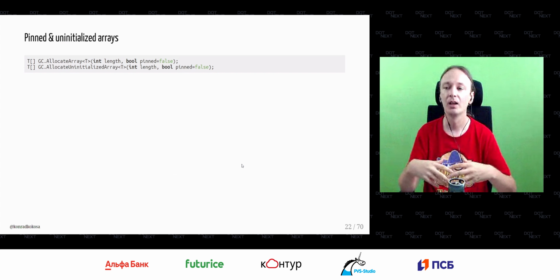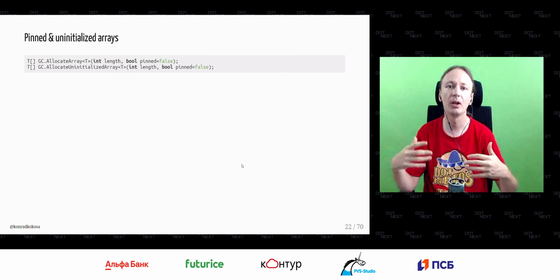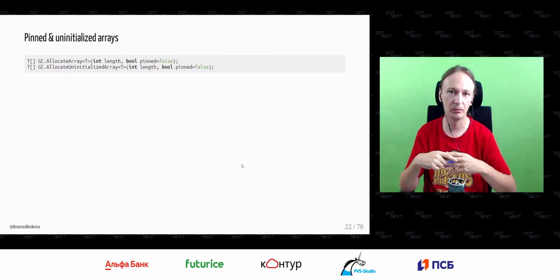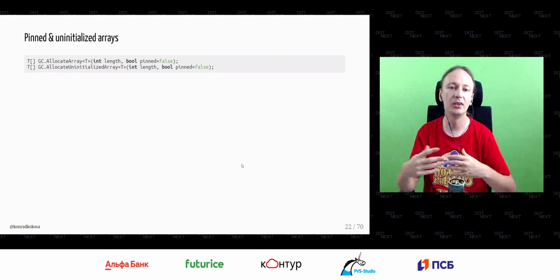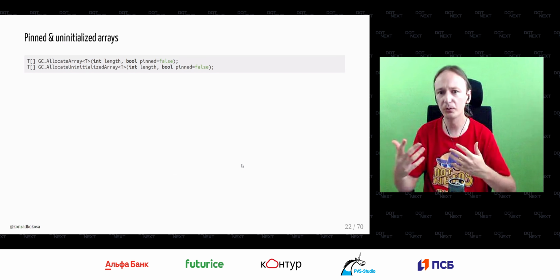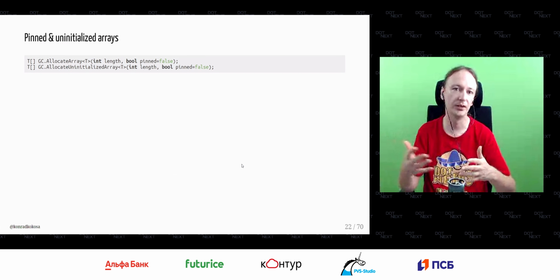And now, since .NET 5, for the very first time, we have a new API for creating objects, which is added to the GC class. And this is only for arrays, because this seems to be the most beneficial first step. So now we have GC.AllocateArray and GC.AllocateUninitializedArray APIs, which allow you to create a regular array.